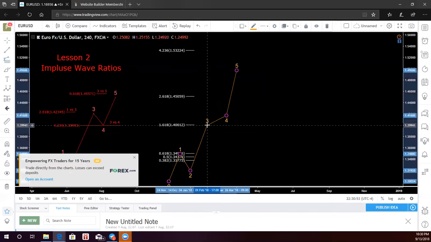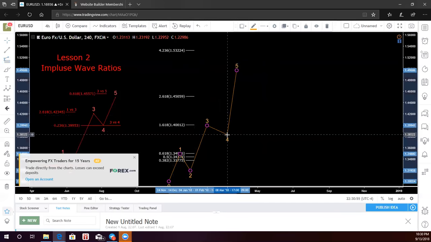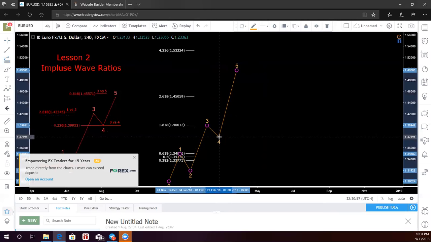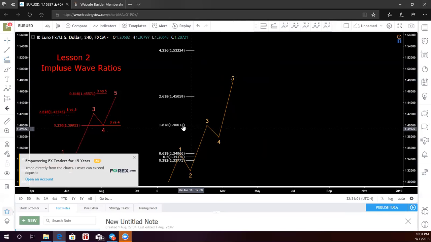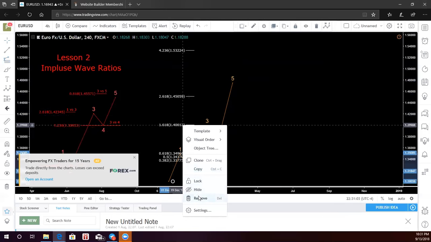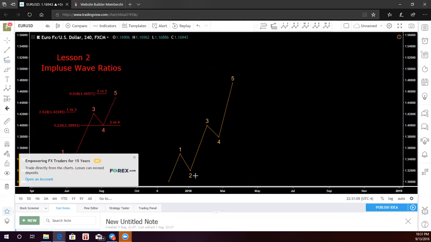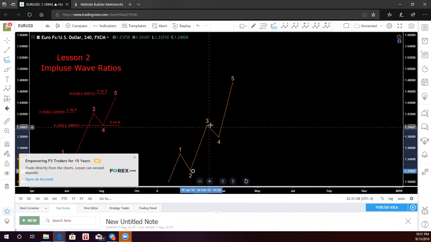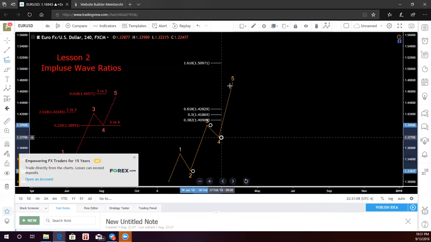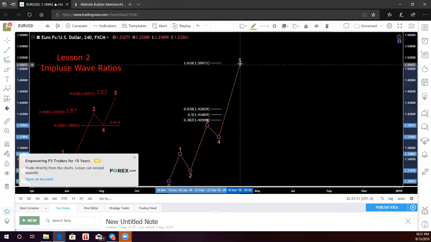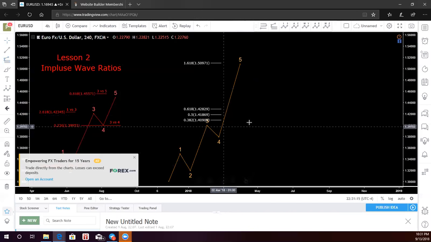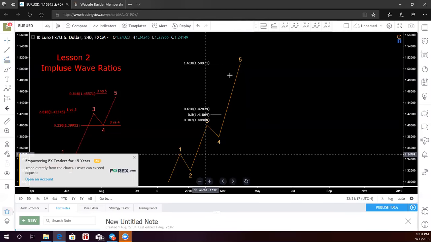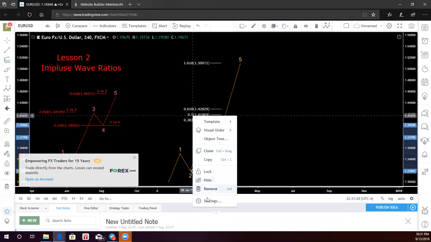So if wave 3 was not extended, keep in mind that one of the waves must be an extended wave. So if wave 5 is extended, it would hit the 1.618. So that's what an extended wave 5 would look like.